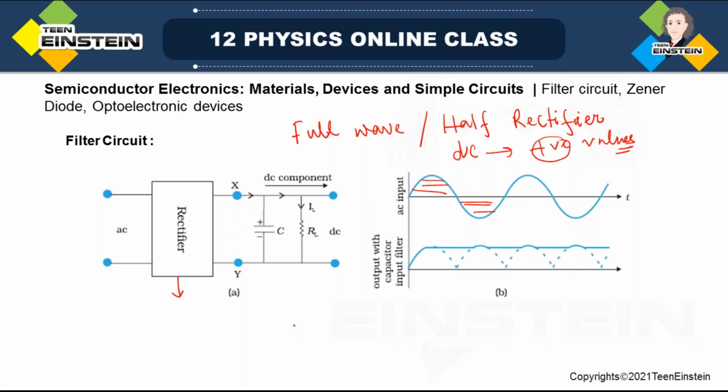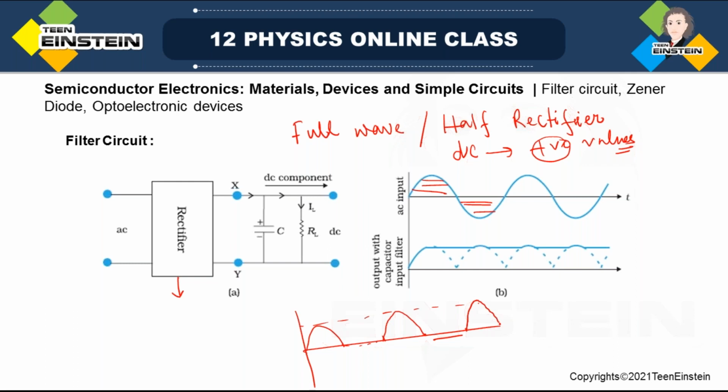But if you remember properly, in case of half wave rectification, we got an output like this, and in the other half cycle the output will be absent, and then again we'll get some output voltage. So this much will be a gap or zero voltage.